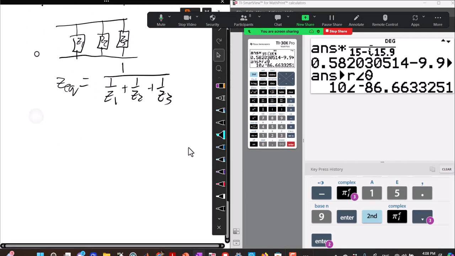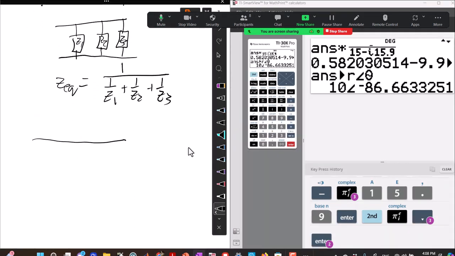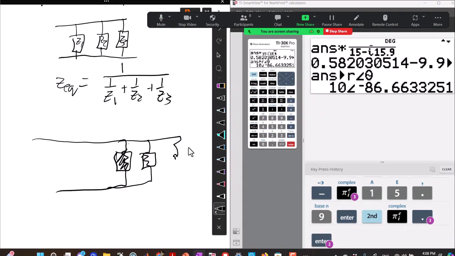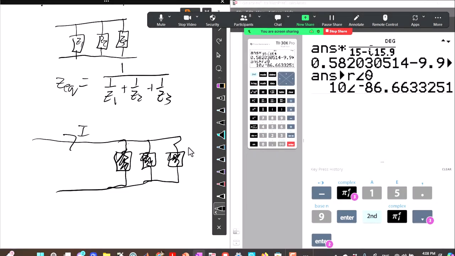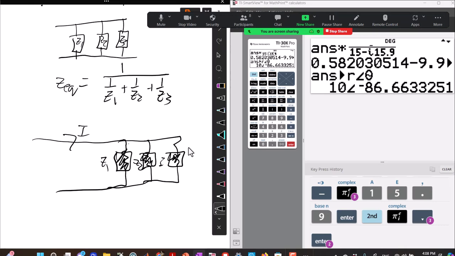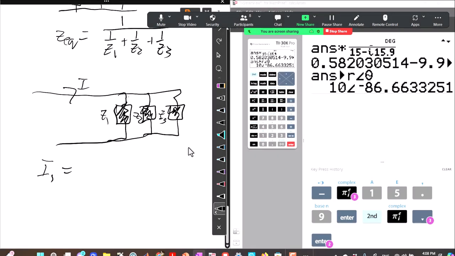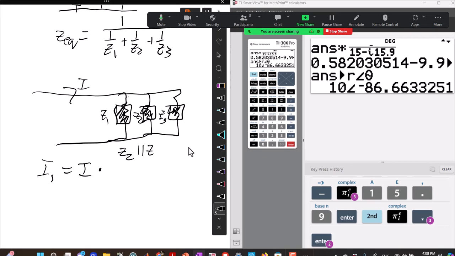Now, what I tend to do, just because I'm so used to product over sum, is if I have more than two resistors or impedances, I would say that I1 equals the total current times Z2 in parallel with Z3 over Z1 plus Z2 in parallel with Z3.